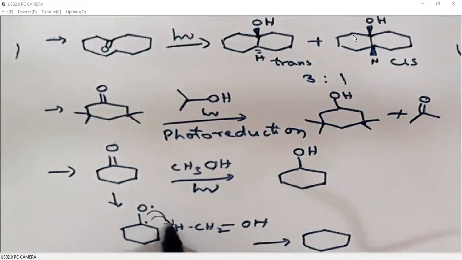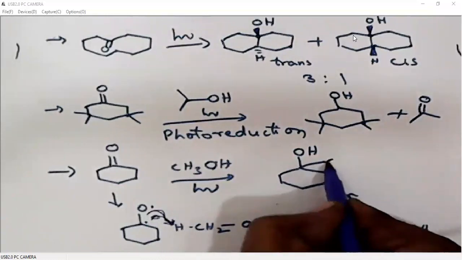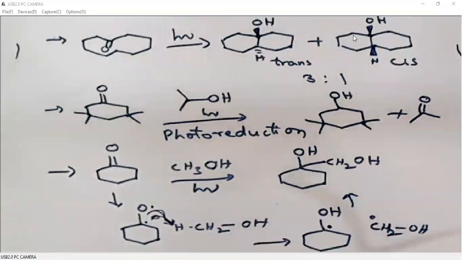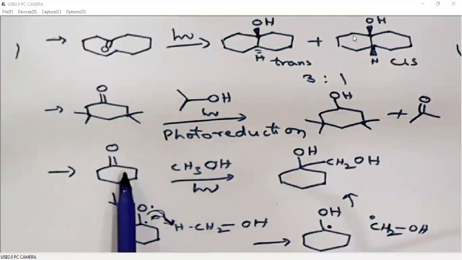Oxygen will pick up the hydrogen radical, so it becomes OH. Of course, carbon radical is there. And we have radical and alcoholic carbon. Now these two will undergo dimerization to give a product like this. So here it is disproportionation, it is photoreduction of carbonyl. Here it is photoreduction followed by alkylation.